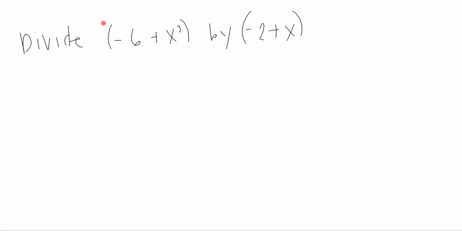So when I write this out, remembering to put it in standard form, I'm going to have x minus 2 on the outside. Notice on this binomial, I have a cubed exponent, but then I jump to my constant. So I'm going to have to put in place fillers to make sure that all of my place values are accounted for. I can't just jump from a cubed term to a constant. It's not going to work when you try to divide it. You have to make sure you have all your place fillers.